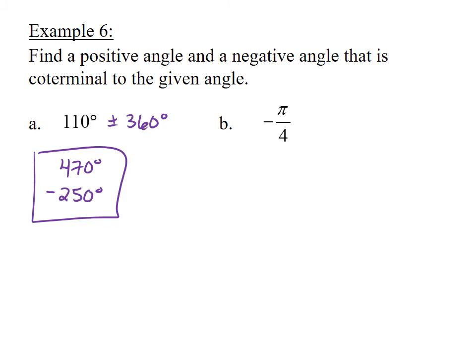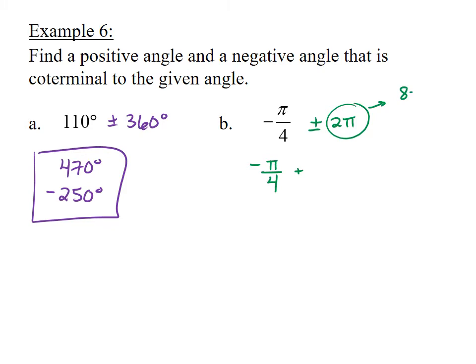The exact same thing can be done in part B, but the difference is we are dealing with radians. So I'm either going to add or subtract 2 pi radians. Now it's helpful, if you're adding and subtracting and fractions are involved, remember you want a common denominator. Notice that I have a denominator of 4, so I need to make this have a denominator of 4.